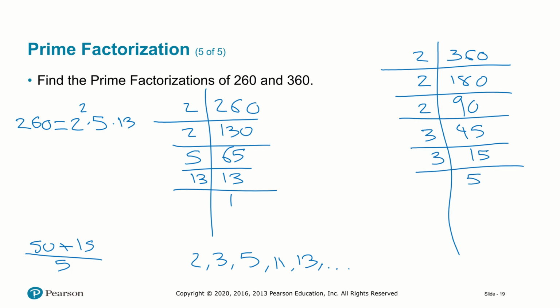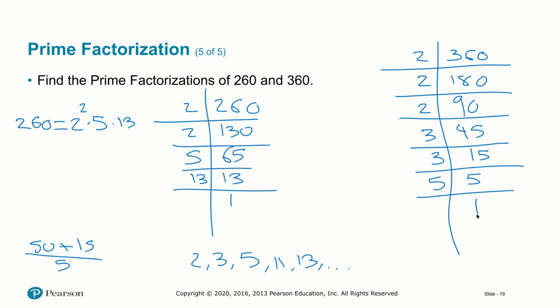That gives me 5, and now 5 is prime, so I know the only prime that goes into a prime is itself. And then finally I end up with 1 on the right side. So remember, you divide the right side by the left side and then write the result on the bottom right, okay? Right below that number on the right. All right, and then you keep going till this number on the right ends up being a 1.